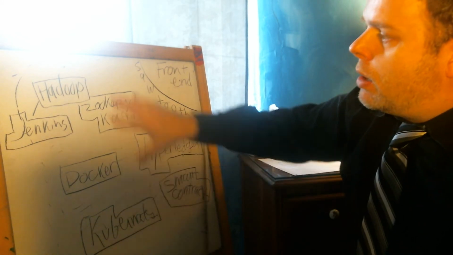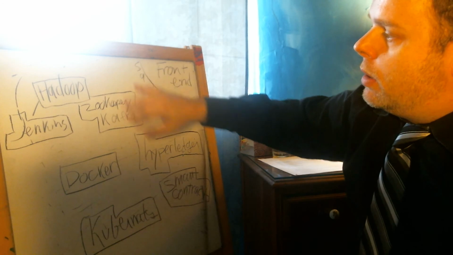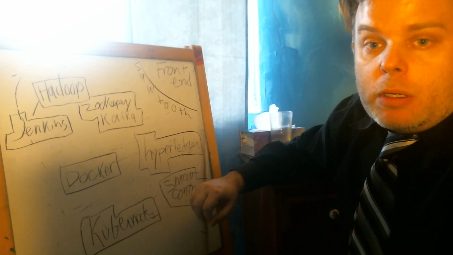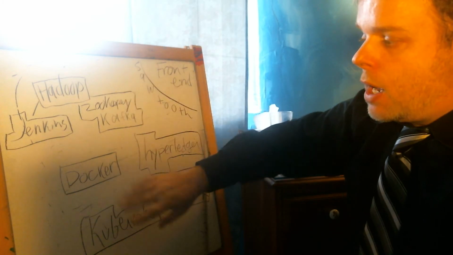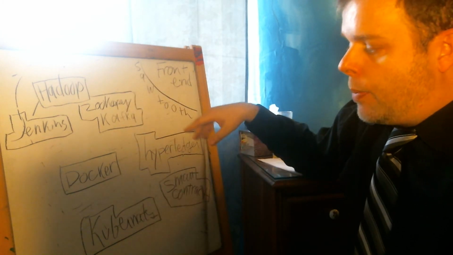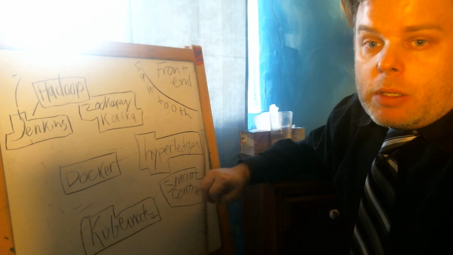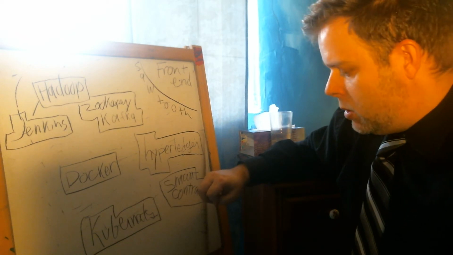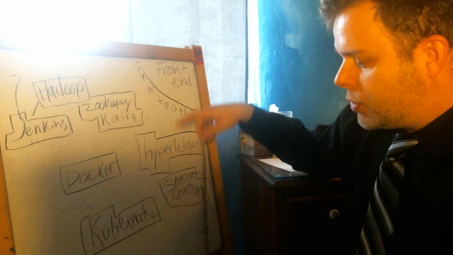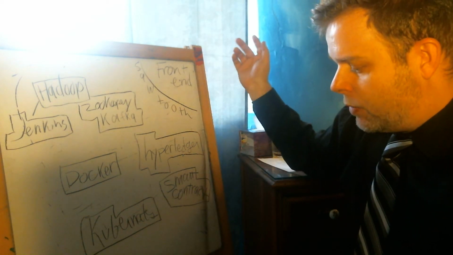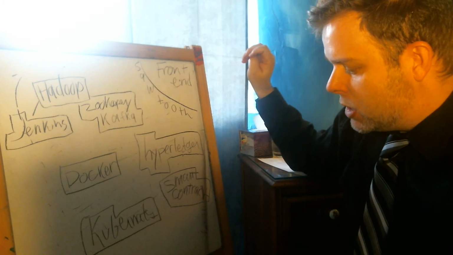All of this up here is written in Java, so if you have a back-end developer working in this area, I recommend a Java programmer. Docker, I recommend Python. Hyperledger Fabric is written in Golang, and Hyperledger Composer is in JavaScript, and Hyperledger Cello is in C.